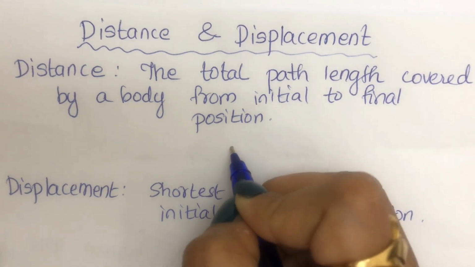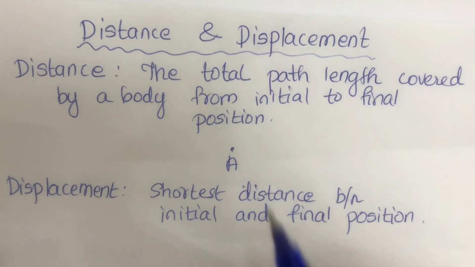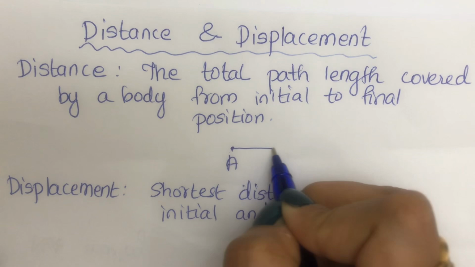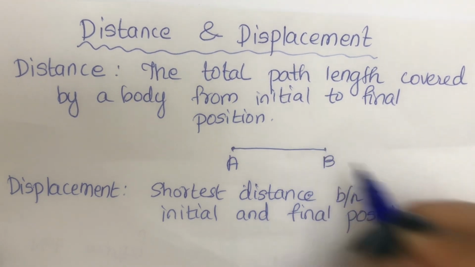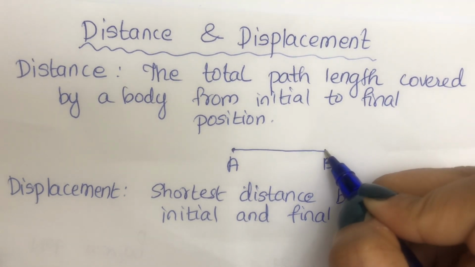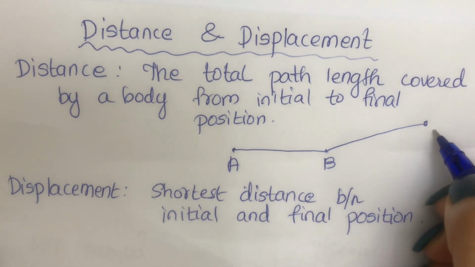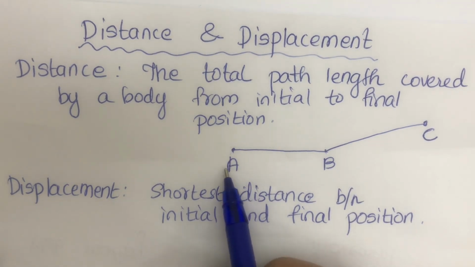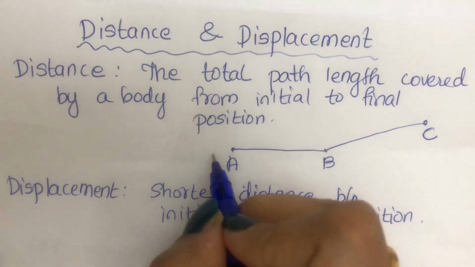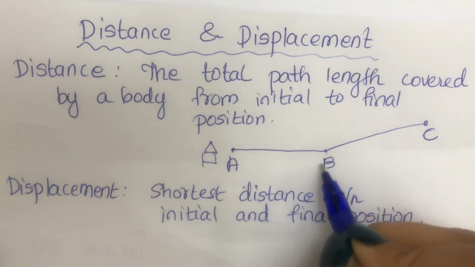For example, you started from a position A, from the point A, and you are going to your friend's house, point B, and then you are going to your school C. So first you started from A, that is your house, and then you went to your friend's place.